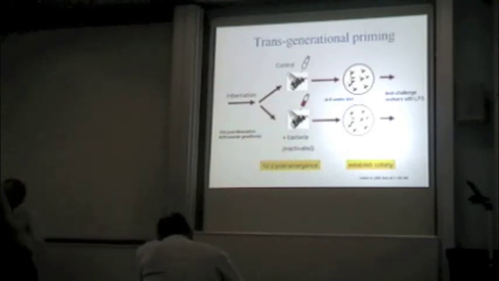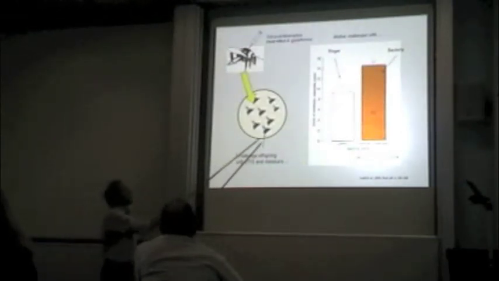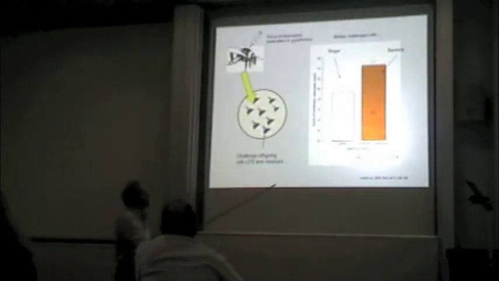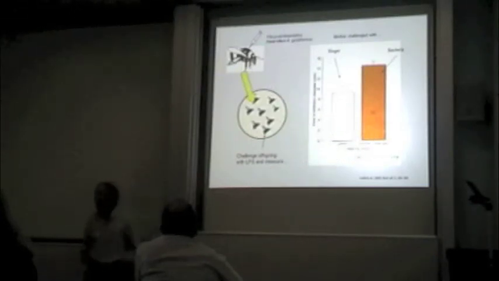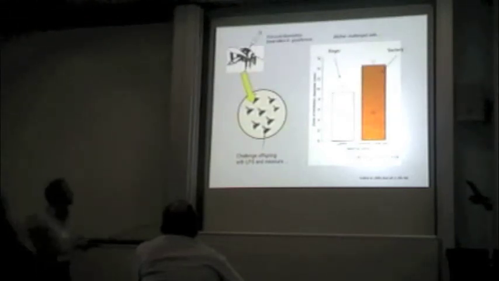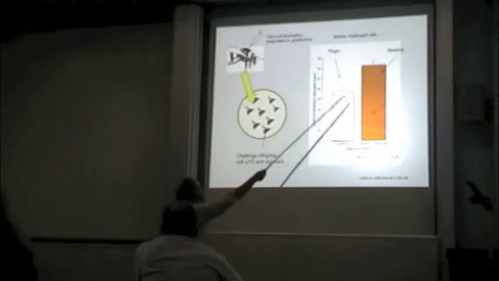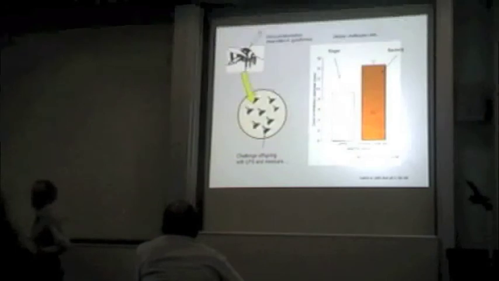You can see, for example, that if the mother is primed, then the workers that come from this mother are better protected against bacteria, in the sense they have a strong response against the challenge by bacteria, measured here as a zone of inhibition assay, than if they come from mothers that are not challenged.